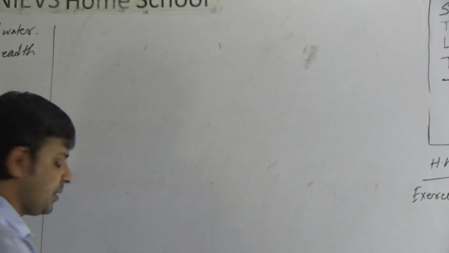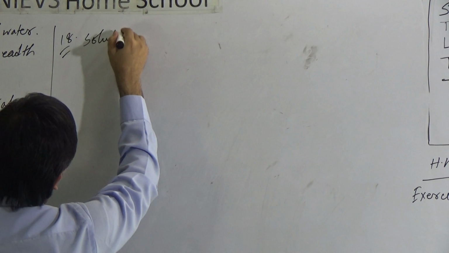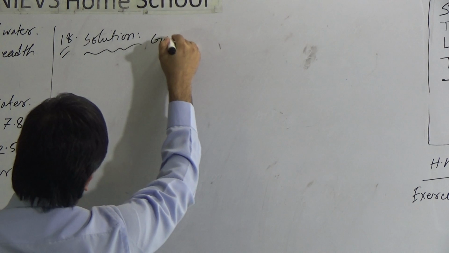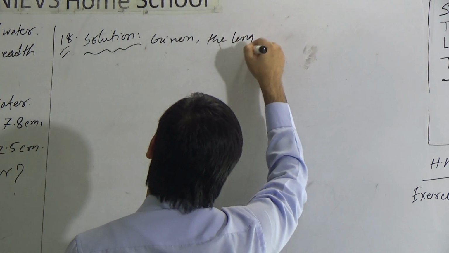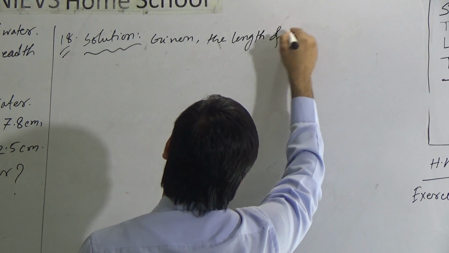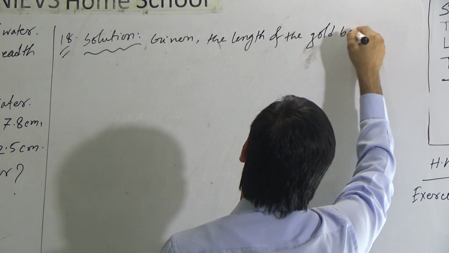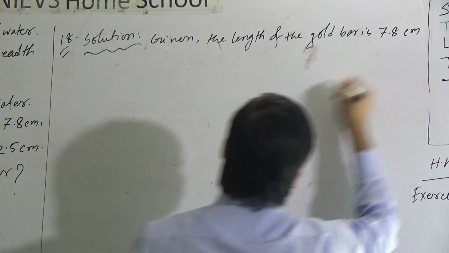So we can write here, question 18, solution. Given, the length of the gold bar is 7.8 centimeter.